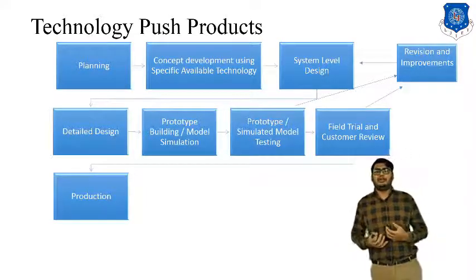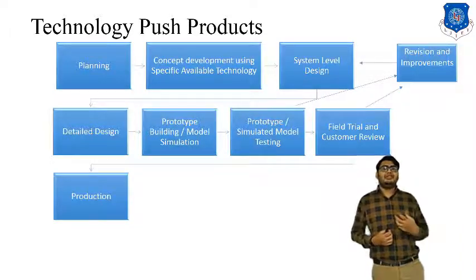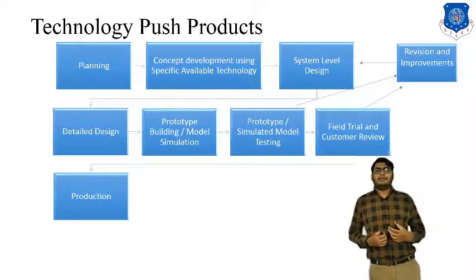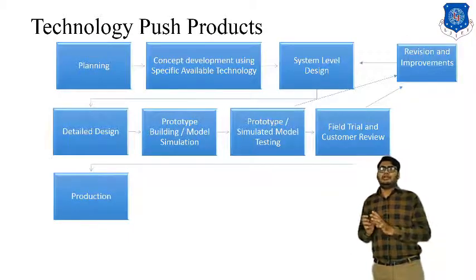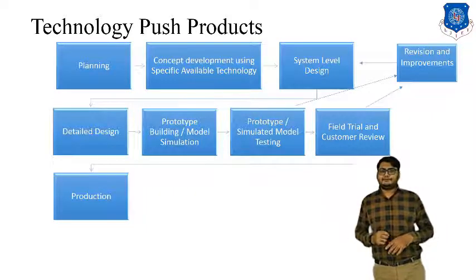So customer wants that. But here we want to make sure that we have built something that customer actually wants. So this is what a technology push product development cycle looks like.